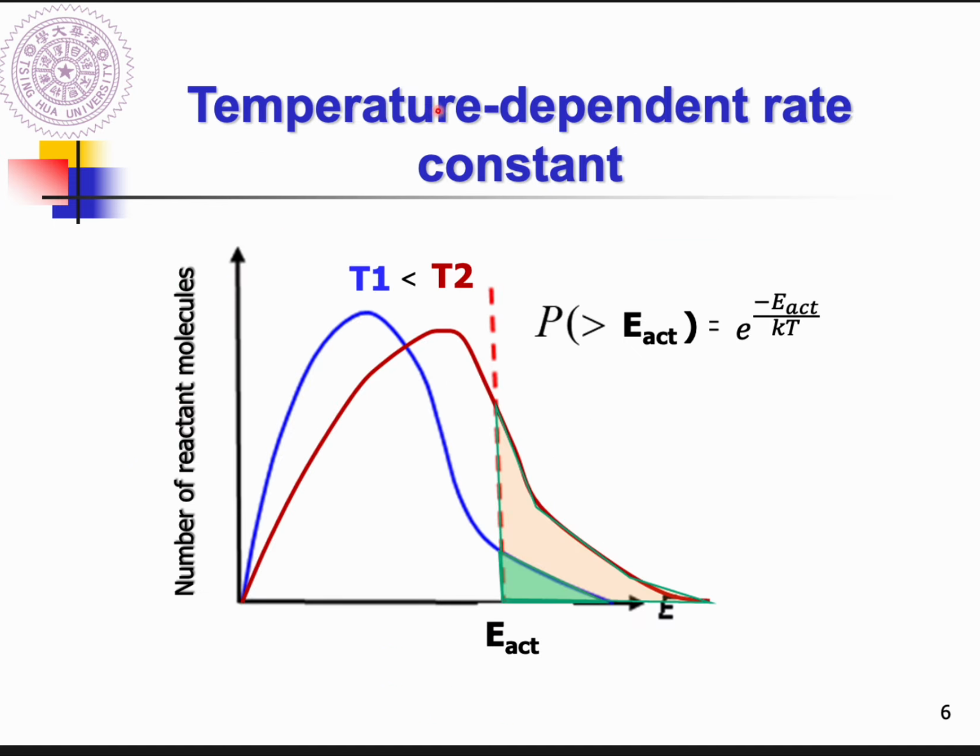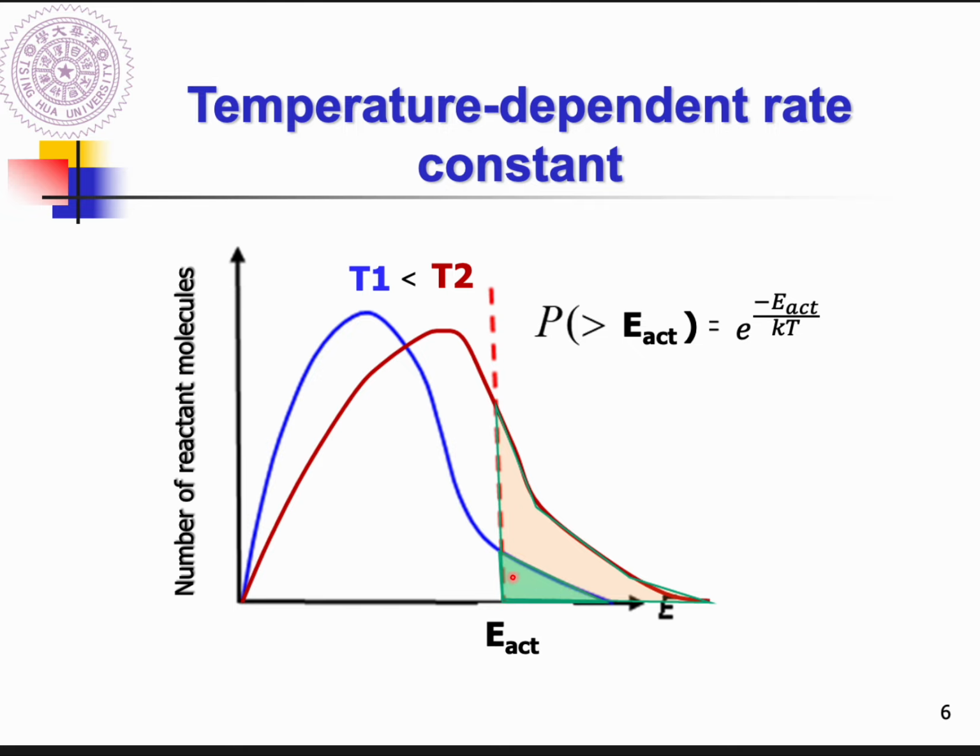And this temperature-dependent rate constant is just the idea you learned before, right? The vertical axis is the number of reactant molecules, and the horizontal axis is the energy of these reactant molecules. At a lower temperature T1, you can observe just a small portion of reactant molecules can overcome this energy barrier.